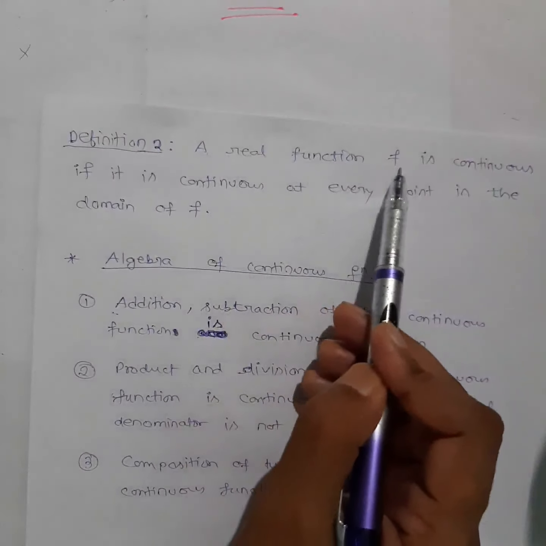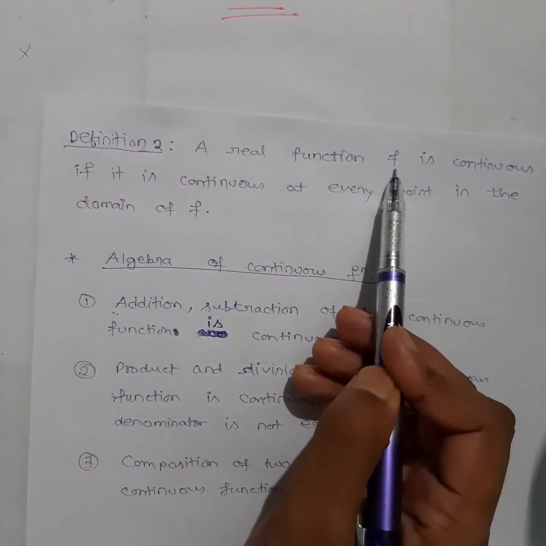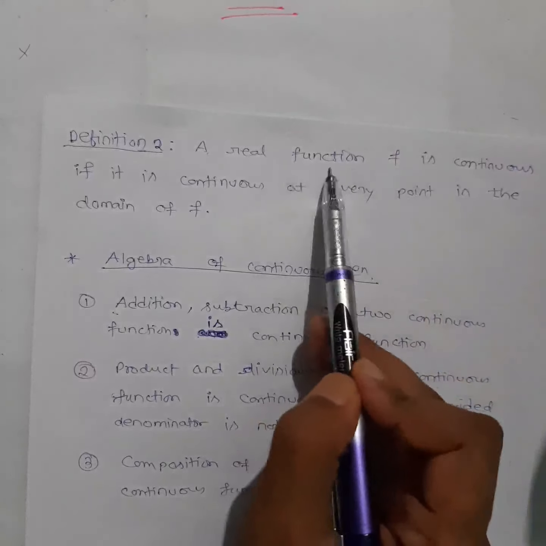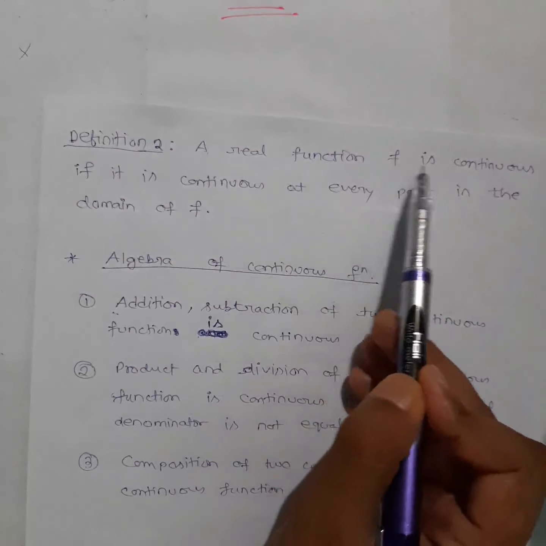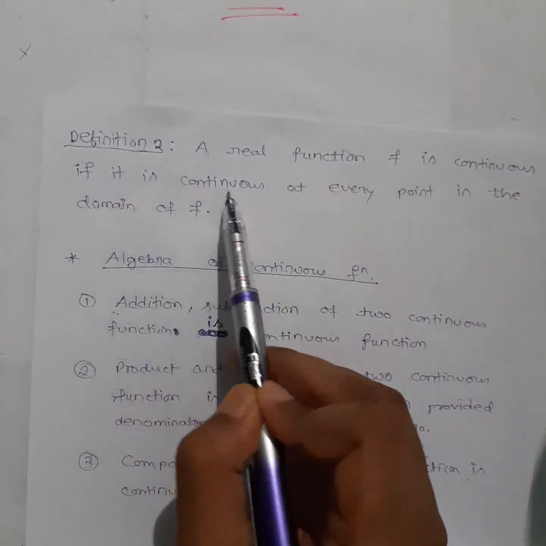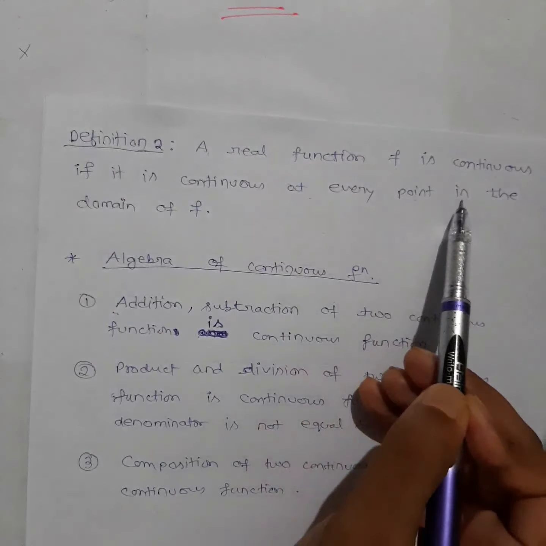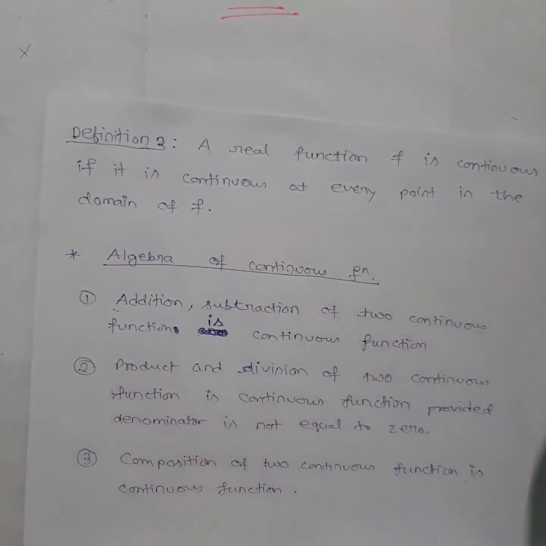A real function f is continuous. This time not at a particular point, but for the whole function. A real function f is continuous if it is continuous at every point in the domain of f. Domain of f means all the values of x.